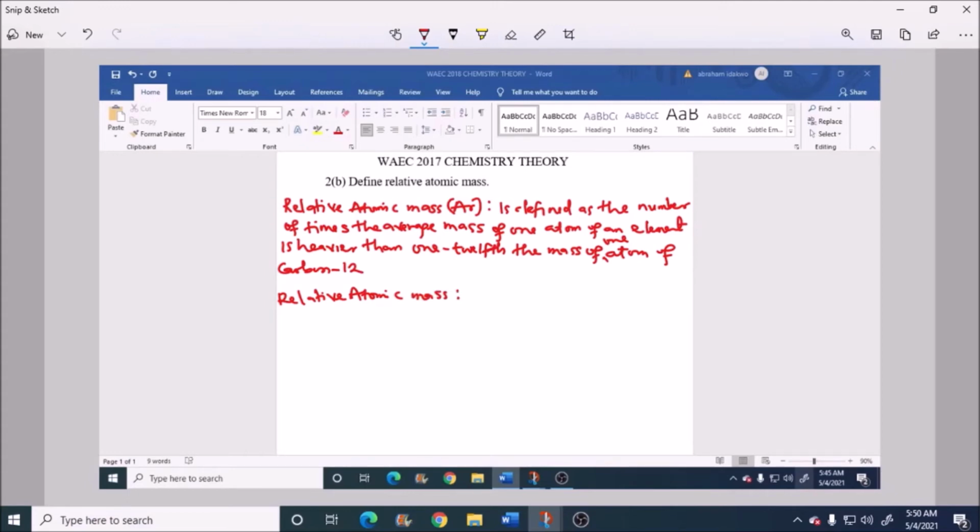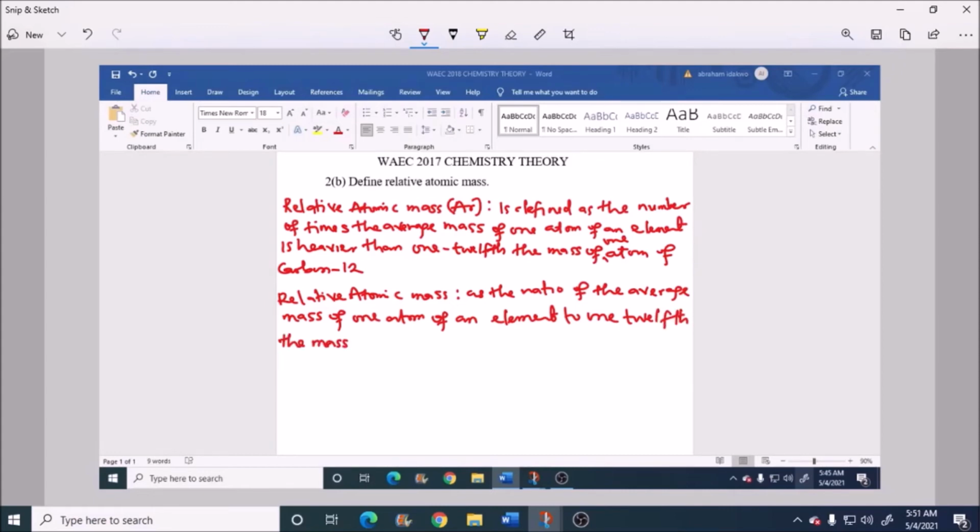You can still define it as the ratio of the average mass of one atom of an element to 1/12 the mass of an atom of carbon 12.